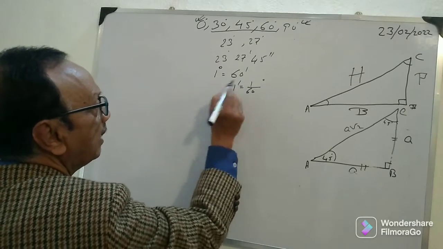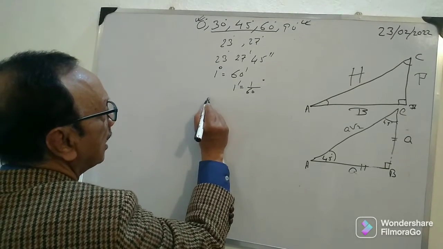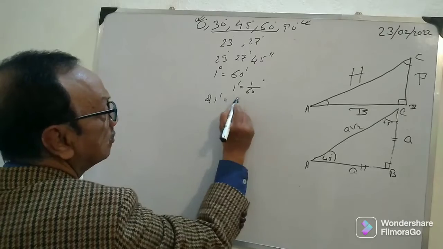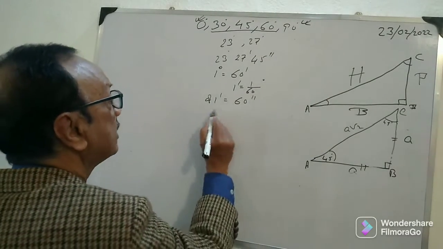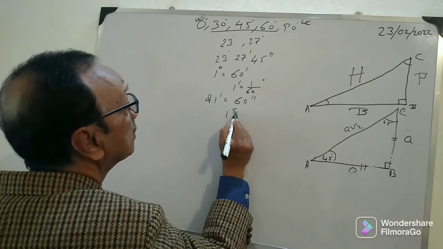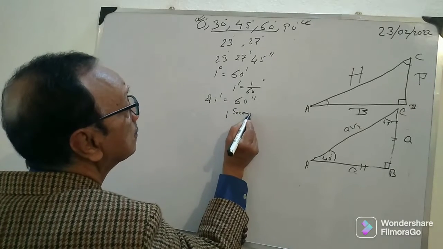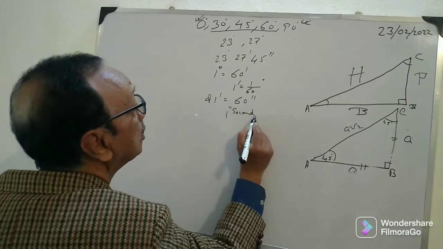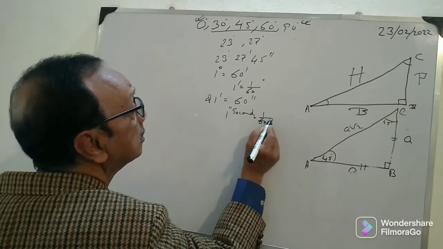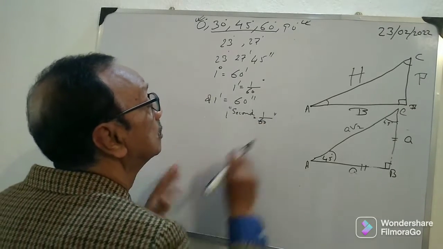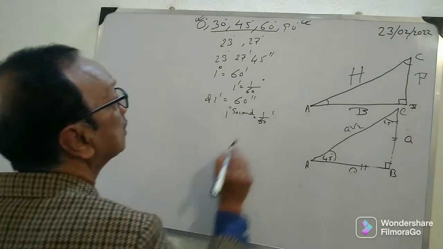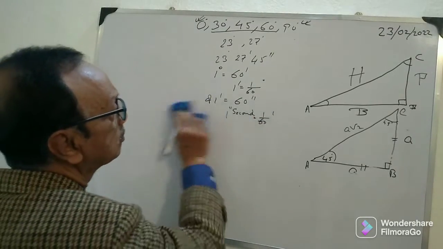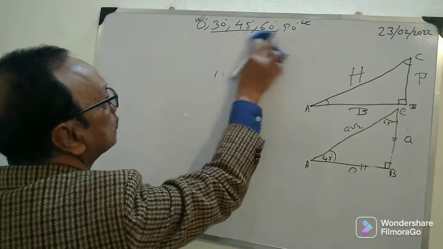And 1 minute has 60 seconds, just like our watch. So 1 second will be 1 by 60 minute.